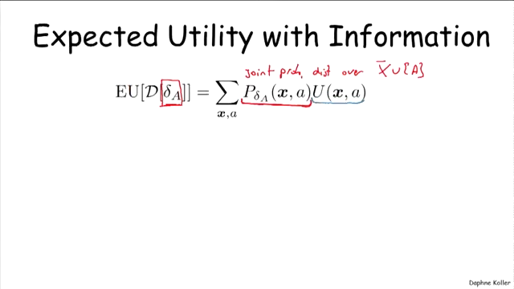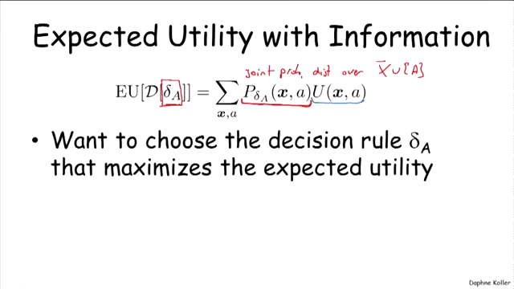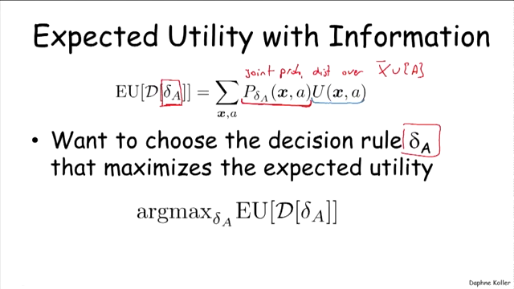And so that's the overall expectation that the agent, prior to anything going on, can expect to gain given a decision rule delta A. So obviously the agent wants to choose the decision rule delta A that is going to give him the maximum value for this expression that denotes his expected utility. And so this is the optimization problem that the agent is trying to solve.